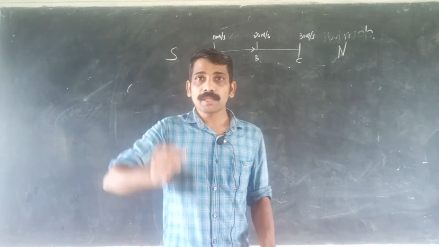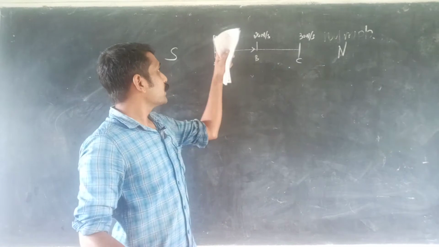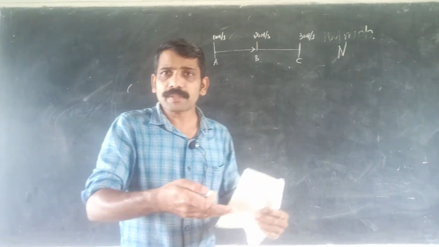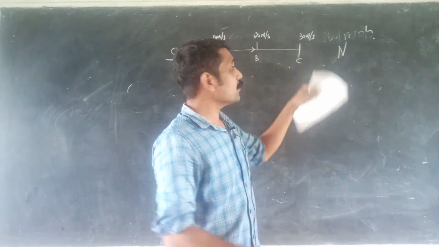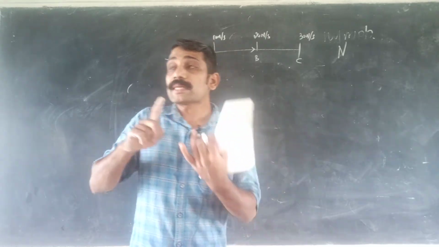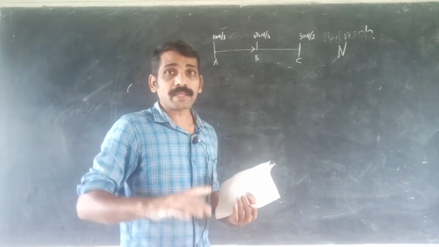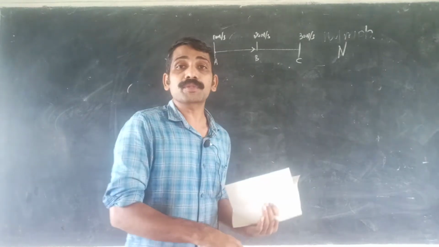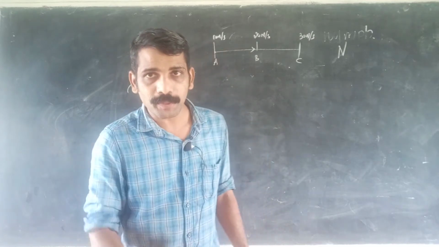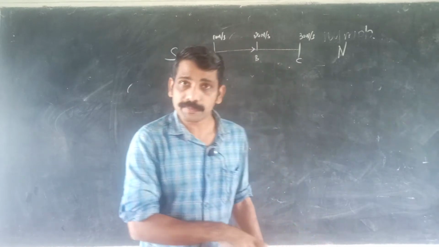If an object moves at 10 meters per second at one point, 20 meters per second at another point, and 30 meters per second at another point, the speed is different. So if the speed is different, then the rate of motion is calculated in terms of average speed.